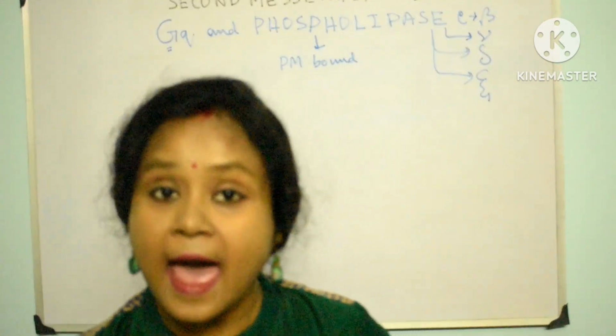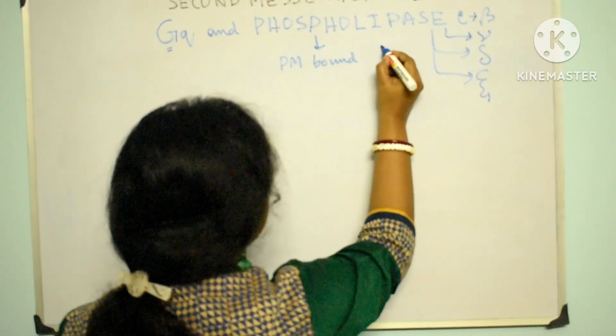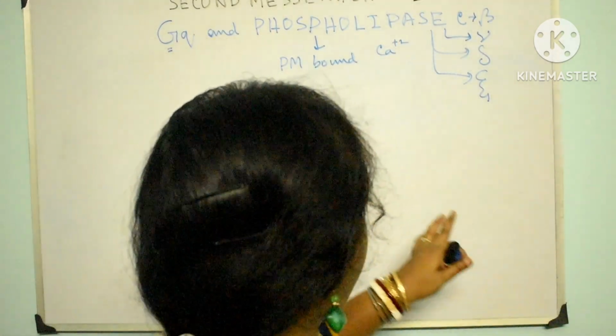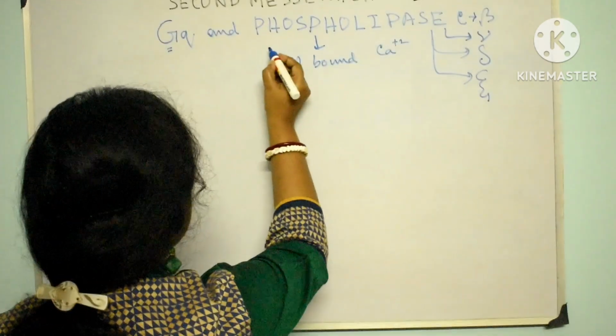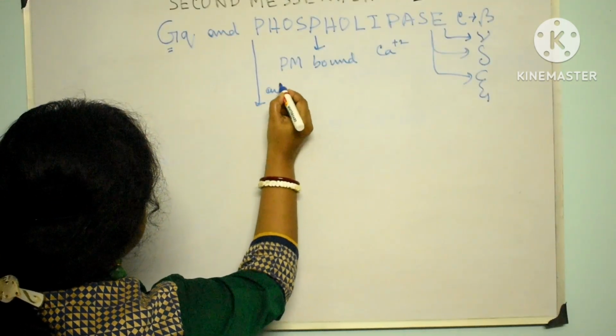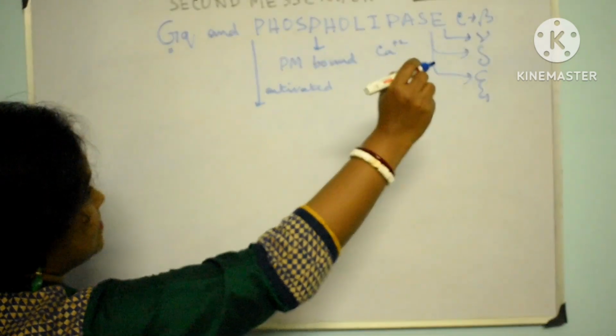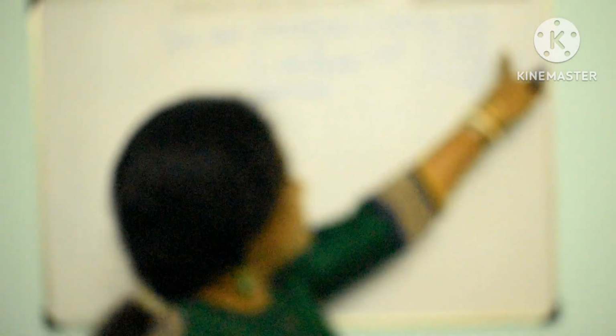All of these 4 types of PLCs require calcium ion for their activation. I am not going to specify whether this is beta, gamma, delta or epsilon. Normally, phospholipase C is now activated.